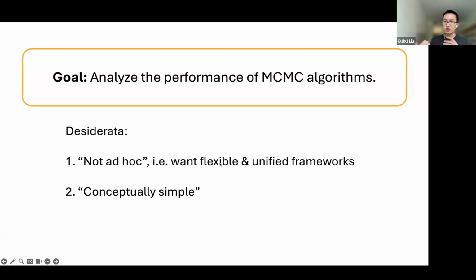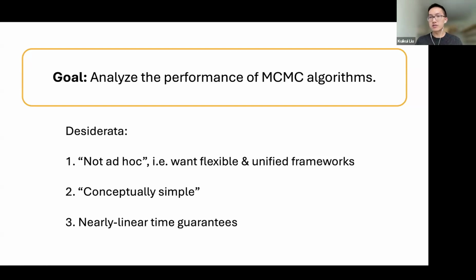At the same time, we want the framework to be conceptually simple, whatever that means. Hopefully, the framework would provide some kind of intuition for why the Markov chain is mixing rapidly. And third, we want ideally for the framework to provide nearly linear time guarantees, so practical performance guarantees. These are the three criteria we would like to aim for from such a framework.